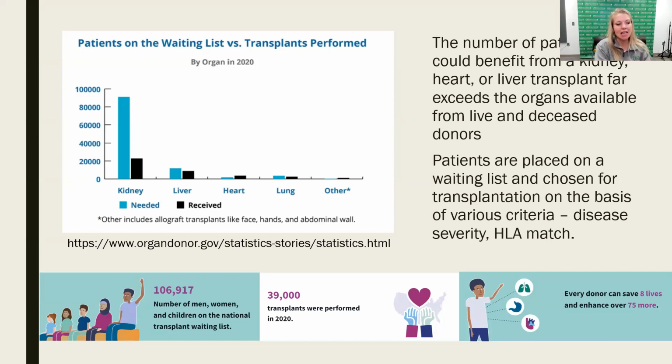But kidneys, there's definitely a long waiting list for kidneys. And so the number of patients who could benefit from these transplants is higher than those that actually can have transplants done. So the waiting list is long, especially like you see with kidneys.